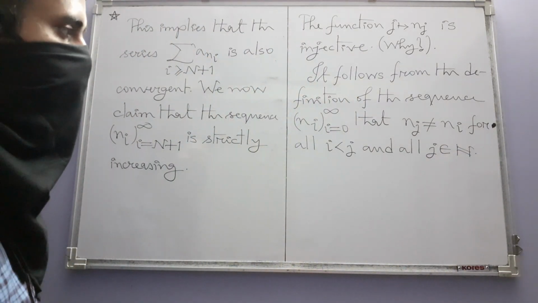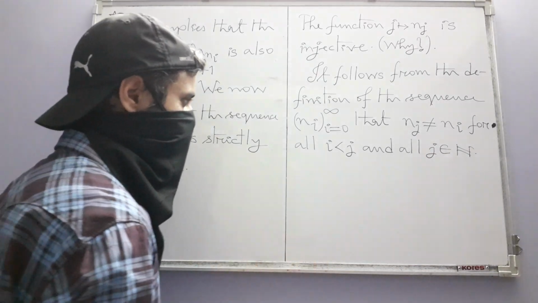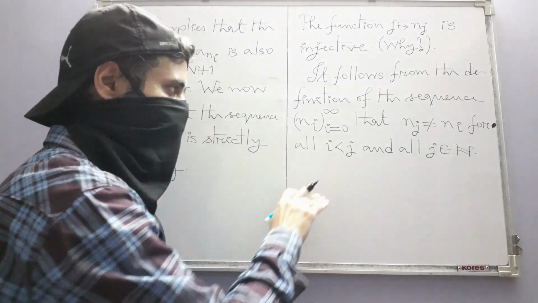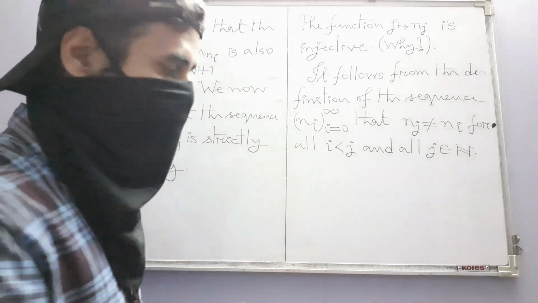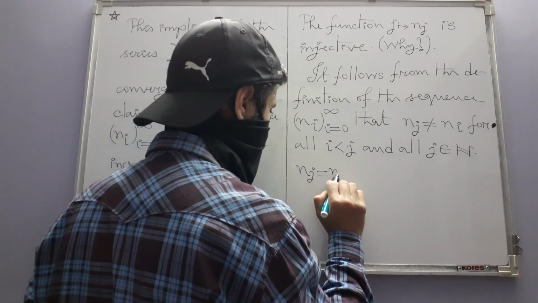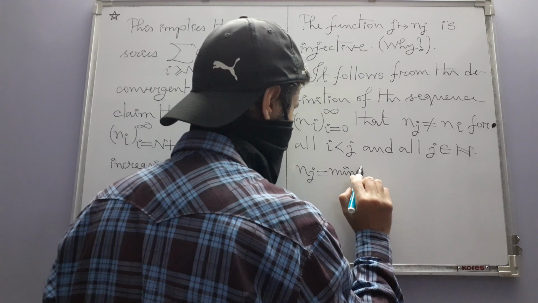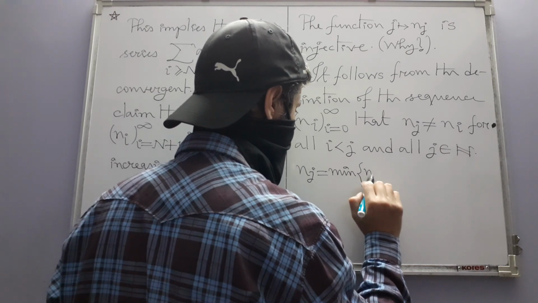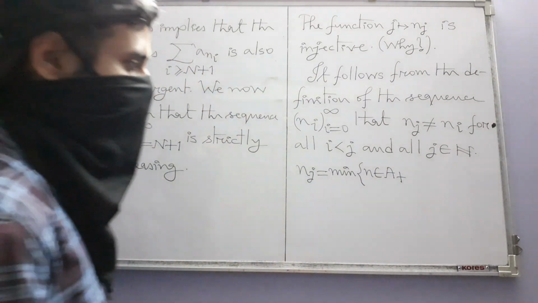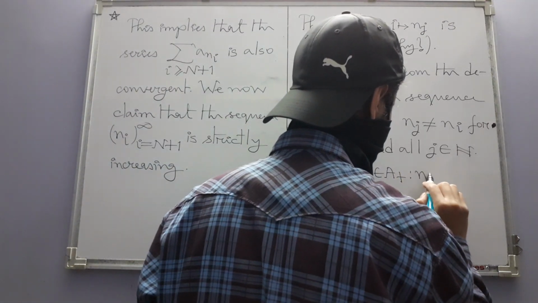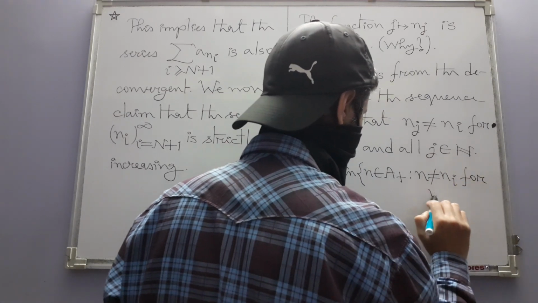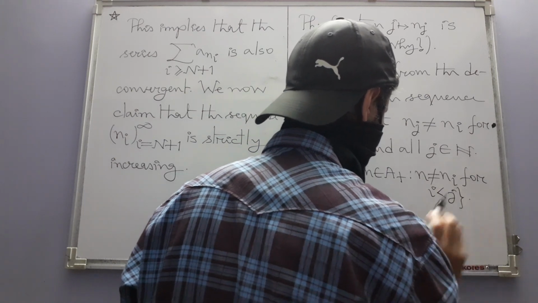Do you see why? Because you go back to case 1 and case 2. Of course, the definition of Nj either falls under case 1 or case 2. In any case, Nj is this. Nj is the minimum of A plus if it falls under case 1 such that N is not equal to Ni for i less than j.